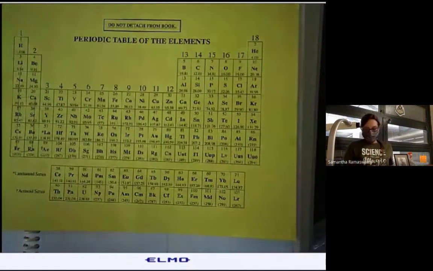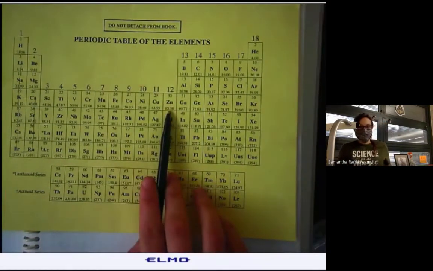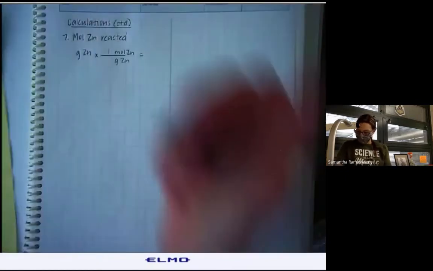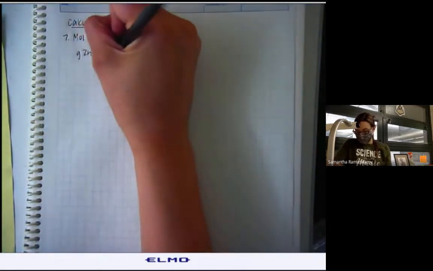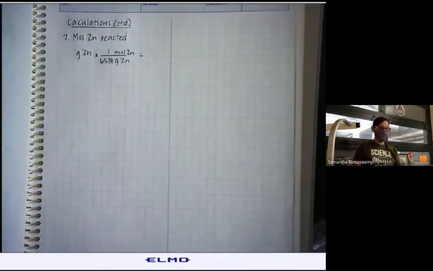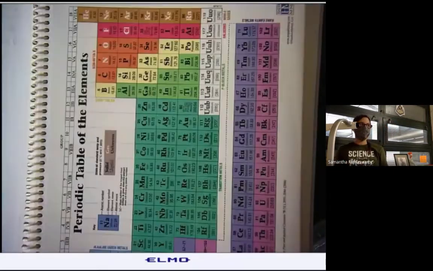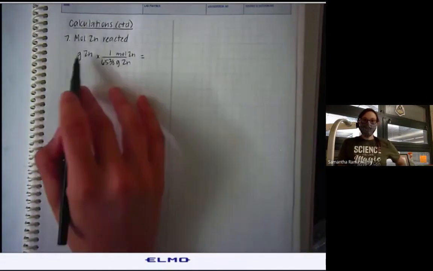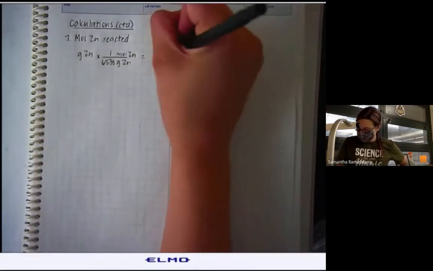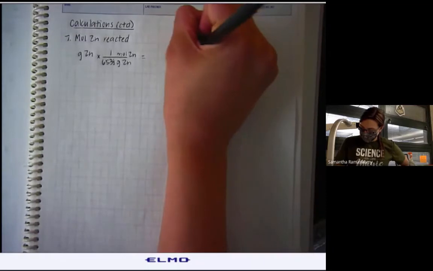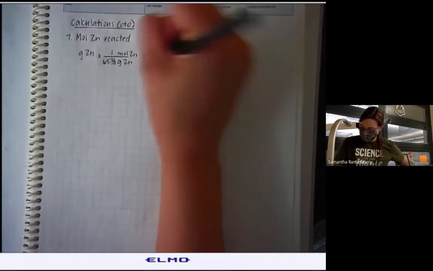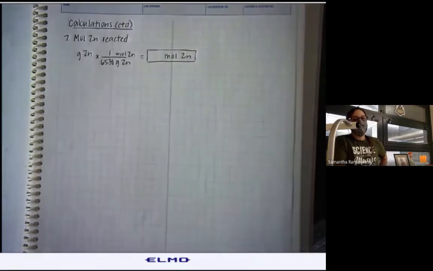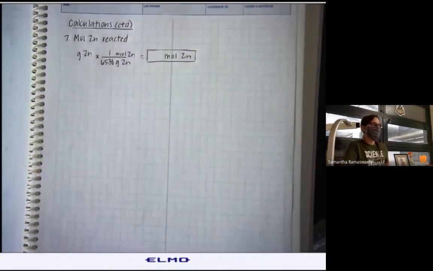This is what you get on everything. Here's zinc, 65.38. Now, if you're like, oh, I don't know where this periodic table is, well, here's a fun fact. There's a periodic table right here, too. So you can just flip the page over and look at the periodic table. So when you take your grams of zinc and you divide by the molar mass, that gives us our moles of zinc that reacted. And again, 3 sig figs is fine. So 3 significant figures should be okay.